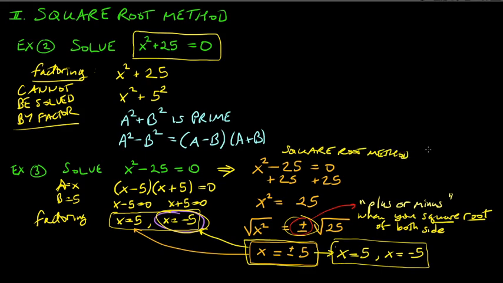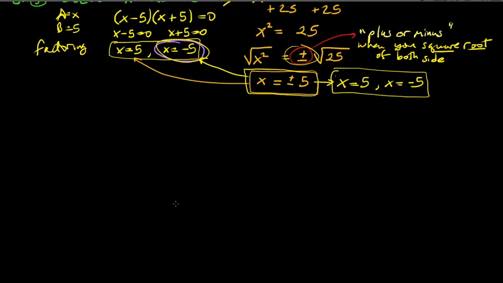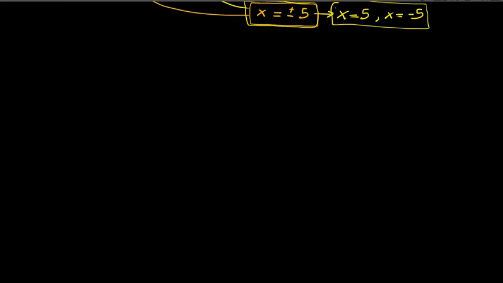Right. And so yeah, the way it works is this. I'll scroll down a little bit. So for the square root method, once again, here's the idea, right? You have something on the left, let's call it u, and it's something squared. And on the right side, you just have some number, I'll call it n.